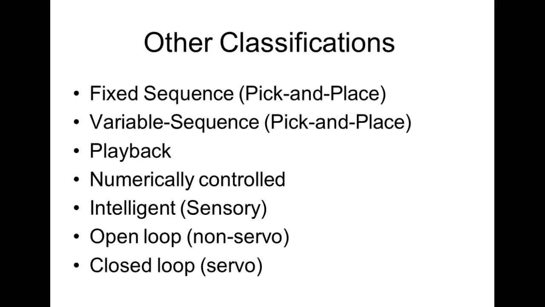Pick sequence, this would be like a Class A or Class B robot. Usually fixed sequence robots usually depend on hard stops that you can move. A variable sequence is pick and place. And what is pick and place? Just pick, yeah, it's pretty simple. Playback, I'm not really sure what that means. That came out of the book.